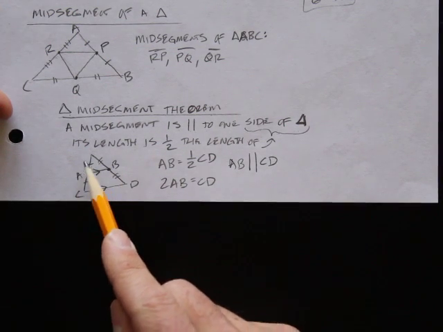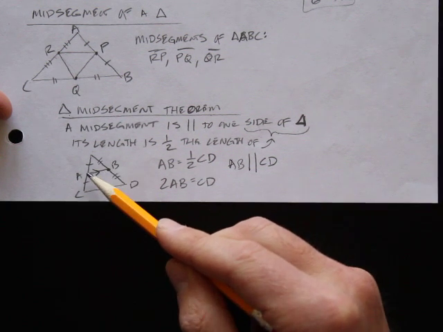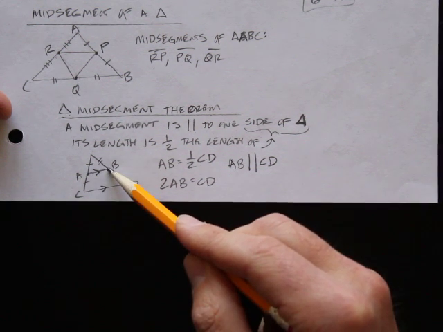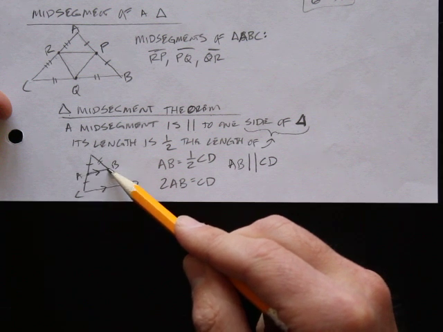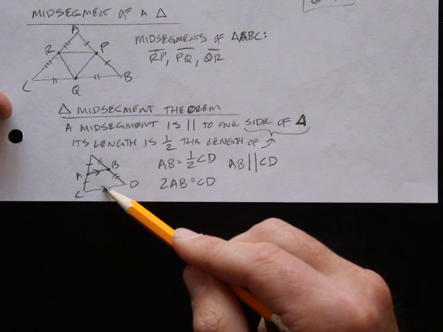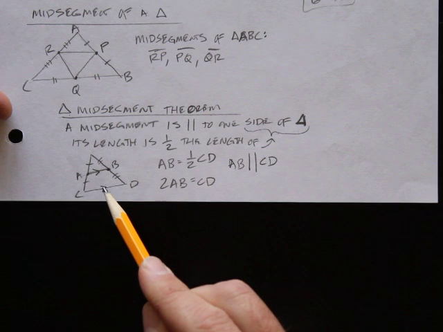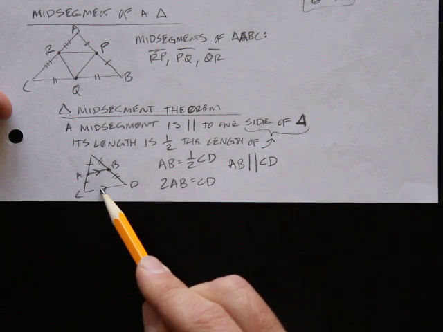Then let's look at this triangle down here. So I've got a triangle, and I have the mid-segment right here between the two, and I drew a line. This mid-segment is parallel to the other one, the one that it's not touching. The one that's not touching is the one it's parallel to.